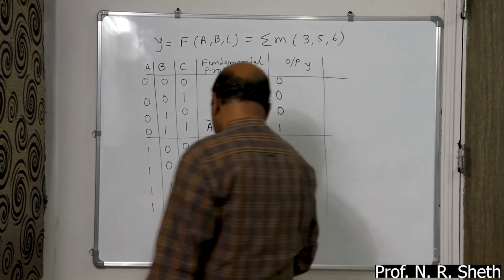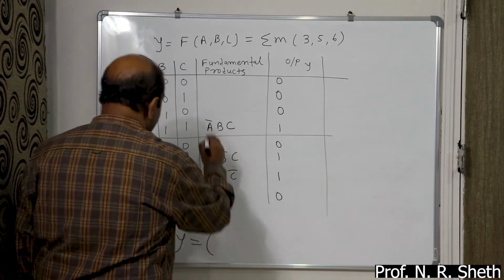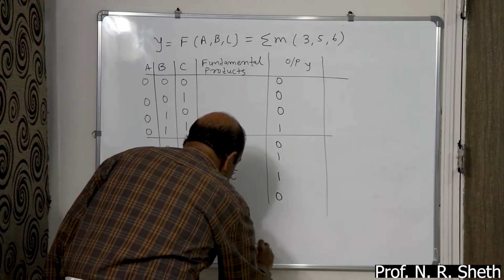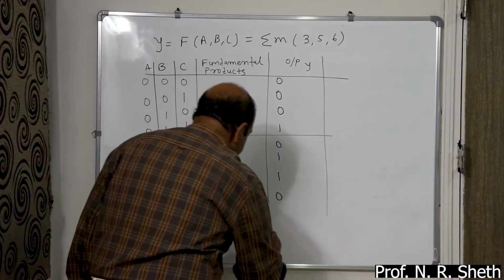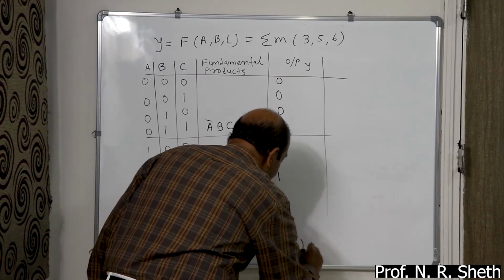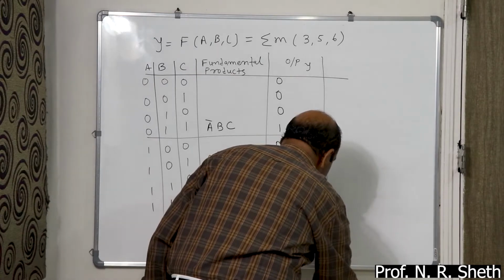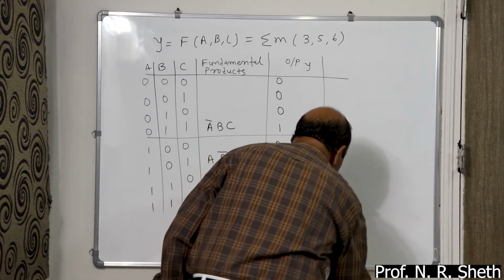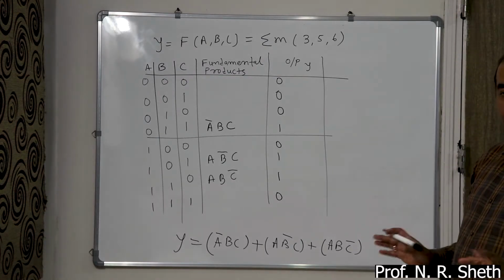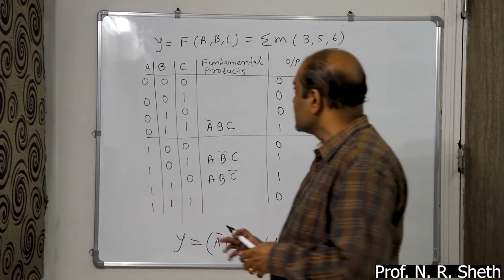So my y equals A bar B C plus A B bar C plus A B C bar. Okay, this part is over. Now the AND OR circuit.